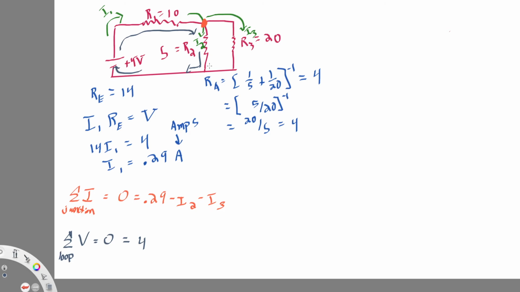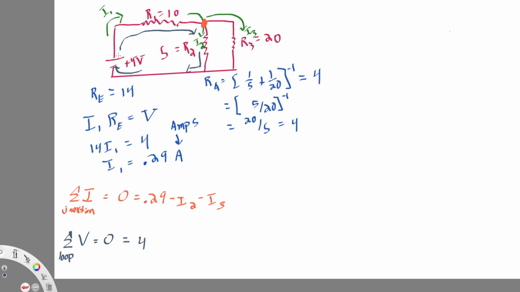When I say right way and wrong way, what I mean is we have to make some initial guess as to which direction the current is flowing. So when I drew this picture, I made a guess that the current was flowing clockwise. If we're traveling with the current over a resistor, we're going to lose voltage.